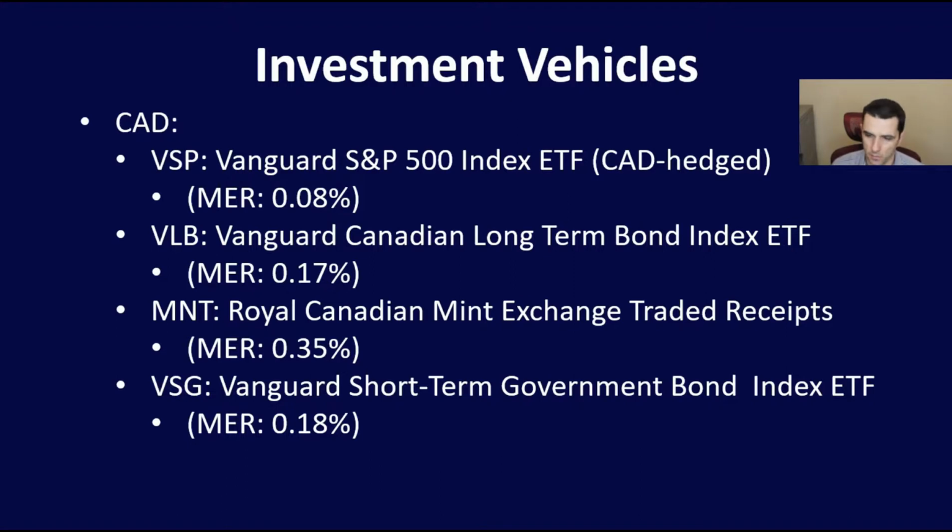On the gold side, I like the Royal Canadian Mint Exchange Traded Receipts. This is a fairly new product. You can actually get this in US dollars as well. It's MNT.U. The MER is a little bit less than GLD in the US, and every single paper traded through this fund is backed by physical gold held by the Royal Canadian Mint.